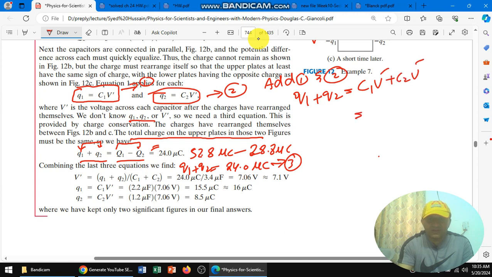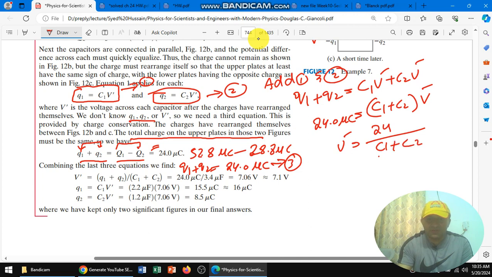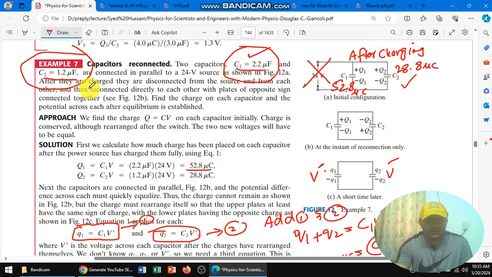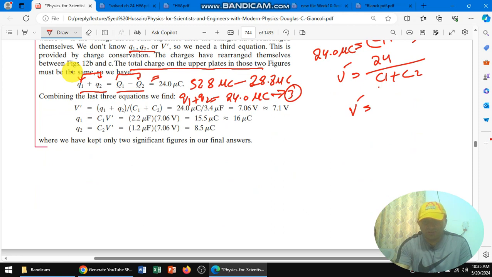So we are left with C1 plus C2 times V dash, and Q1 plus Q2 is already known, 24.0 microcoulomb. So V dash is equal to 24 over C1 plus C2, where C1 is 2.2 and C2 is 1.2 microfarad.